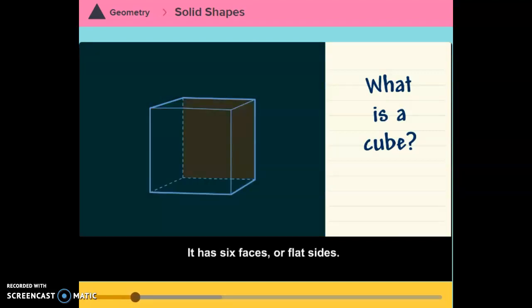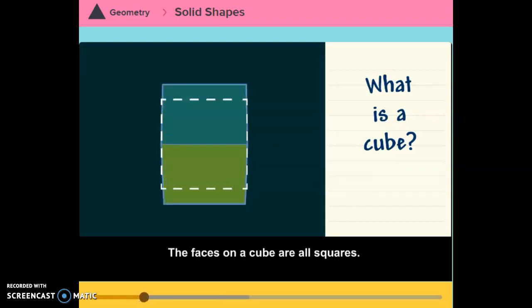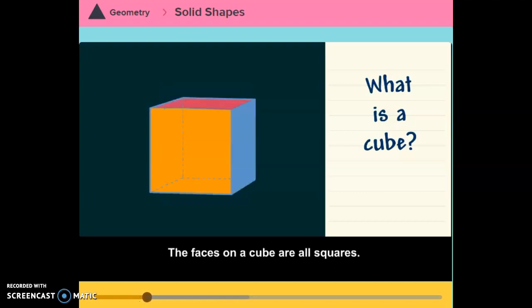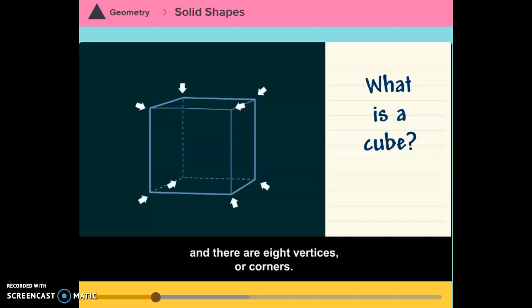It has 6 faces. The faces on the cube are all square. There are 12 edges where the faces meet, and there are 8 vertices or corners.